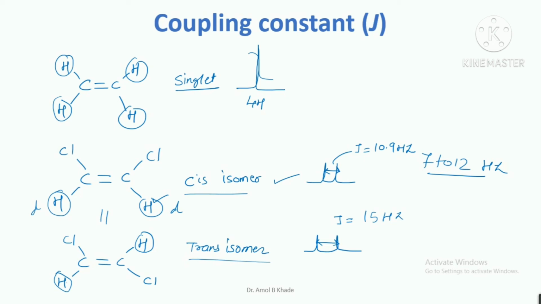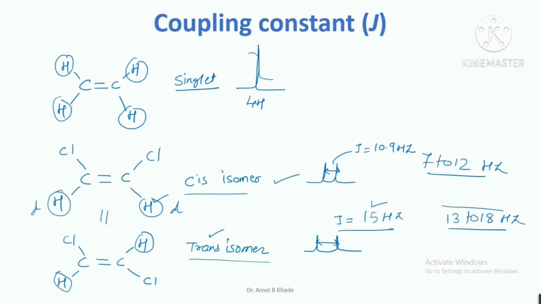When you have a trans isomer, the coupling constant usually appears between 13 to 18 Hertz. So for this particular example, the value of J is 15 Hertz. If the value is in this range, we can surely say it is a trans isomer.